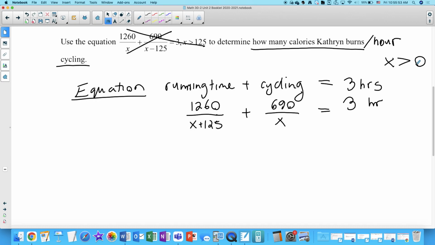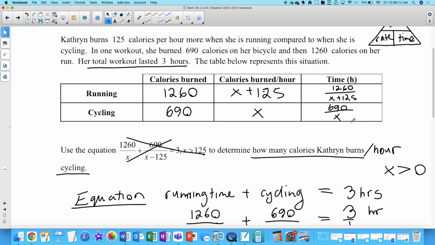Okay, now I want to talk about why I crossed that other equation out. Because we could also use that equation to solve the problem as well. Okay? So the reason I crossed that equation out is that really when we made this cycling variable x, that was arbitrary.